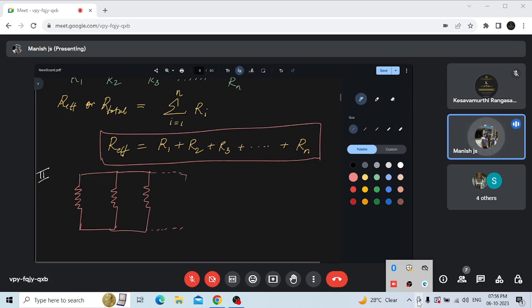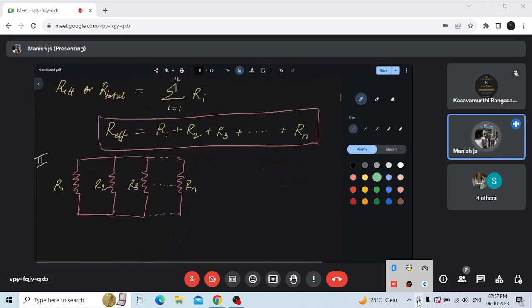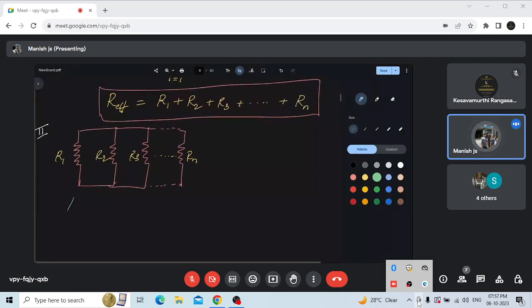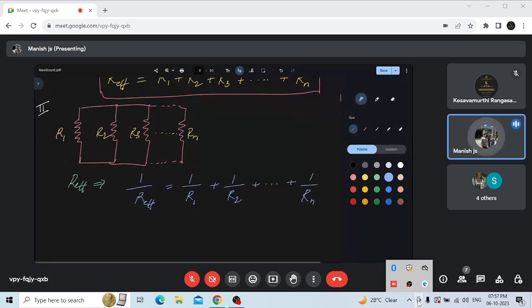If this is R1, this is R2, R3, and so on until Rn, this type of combination we call parallel combination, and the effective resistance is given by the relation 1 upon R effective equals 1 upon R1 plus 1 upon R2, and so on up to 1 upon Rn. This is the formula.